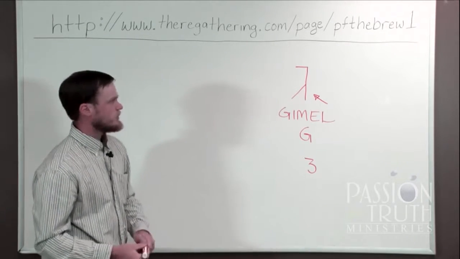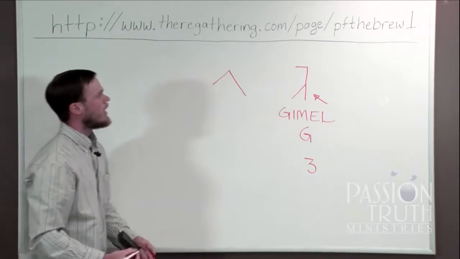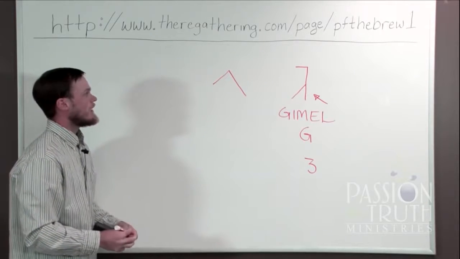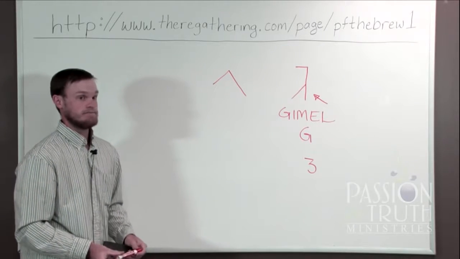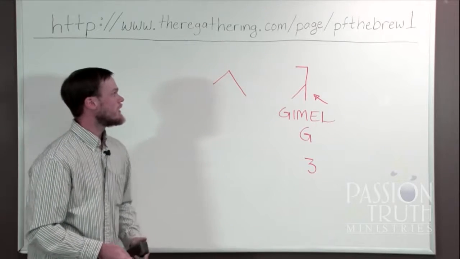In Paleo Hebrew, Gimel looks like this. And it is depicting a camel's hump. The Hebrew word for camel is gamal, and thus the name of the letter Gimel.